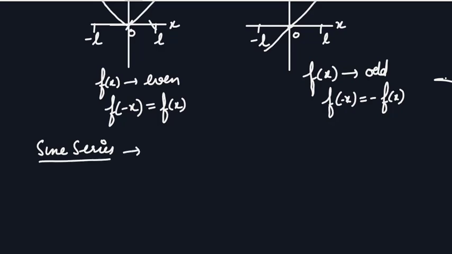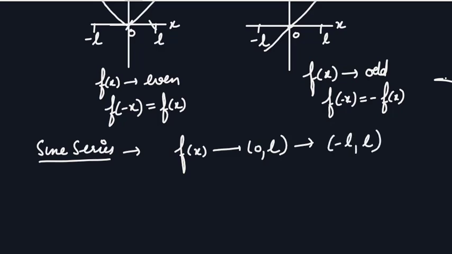In such a case, I will extend the function f of x from the range 0 to L to minus L to L in such a way that it becomes symmetrical about the origin. That is, it becomes an odd function. Means I will extend the function in such a way that f of minus x becomes equal to minus f of x.